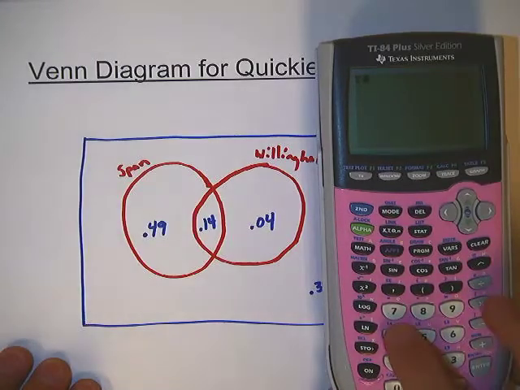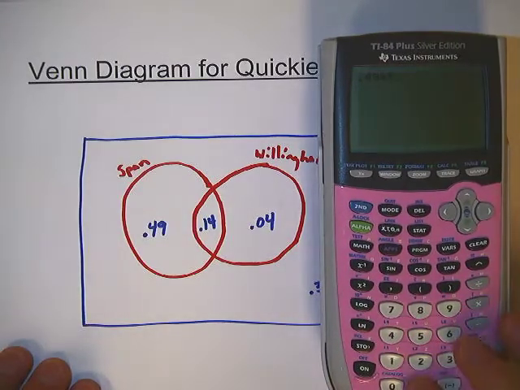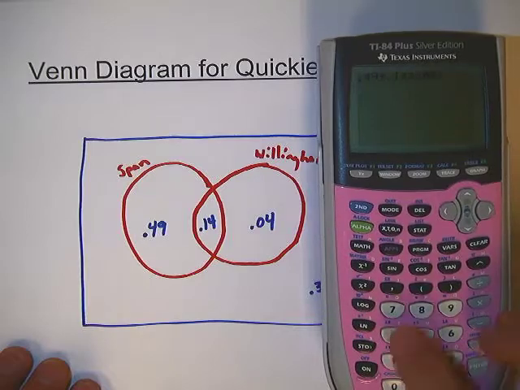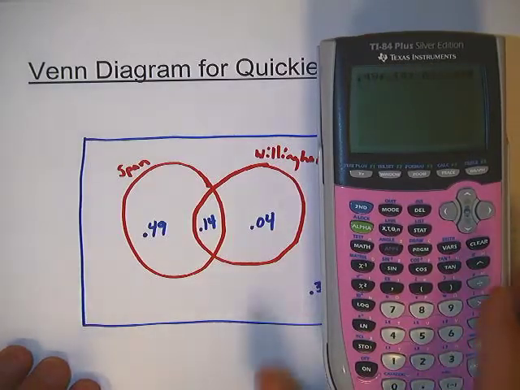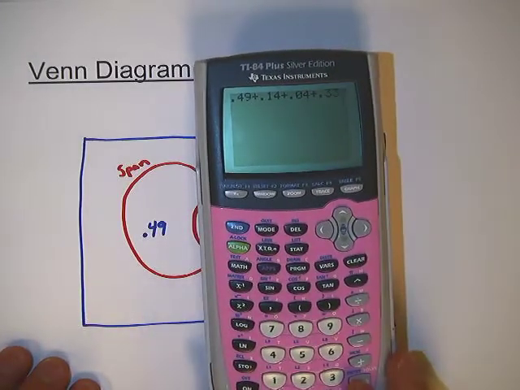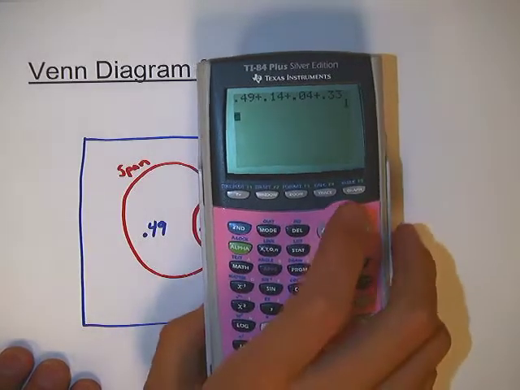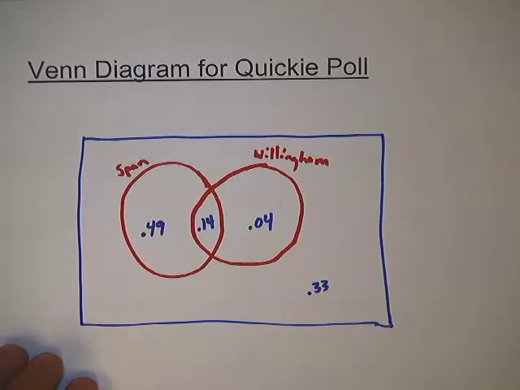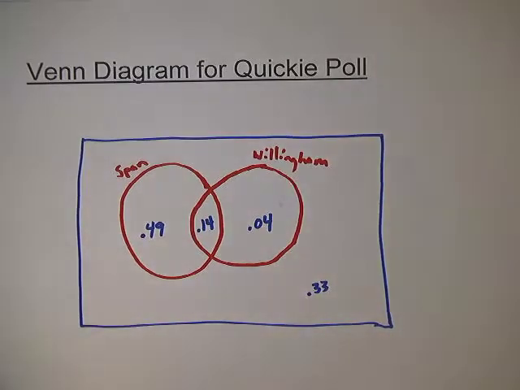We have 0.49 plus 0.14 plus 0.04 plus 0.33. If we add up all of those numbers, we do end up with 1, which means 100%. So we do have 100% accounted for. This is just a good way of displaying probabilities.